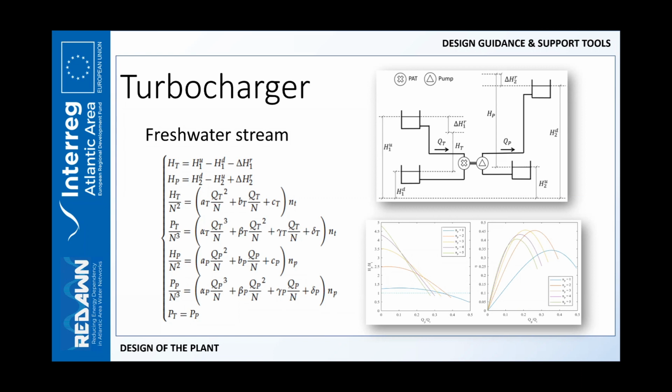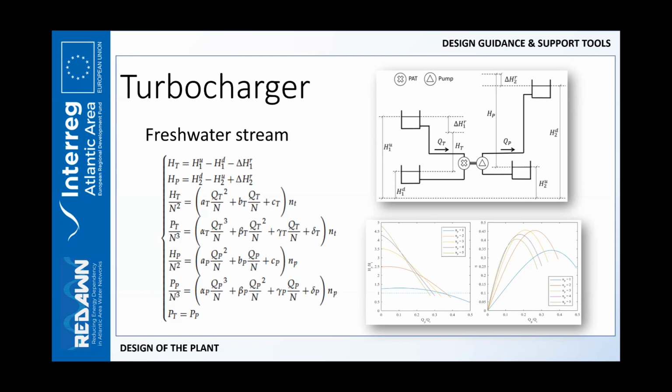In this case, the unknowns are these coefficients that are basically the performance of the pump and the performance of the PATs. And this can be very difficult because the pump manufacturers do not provide these coefficients.